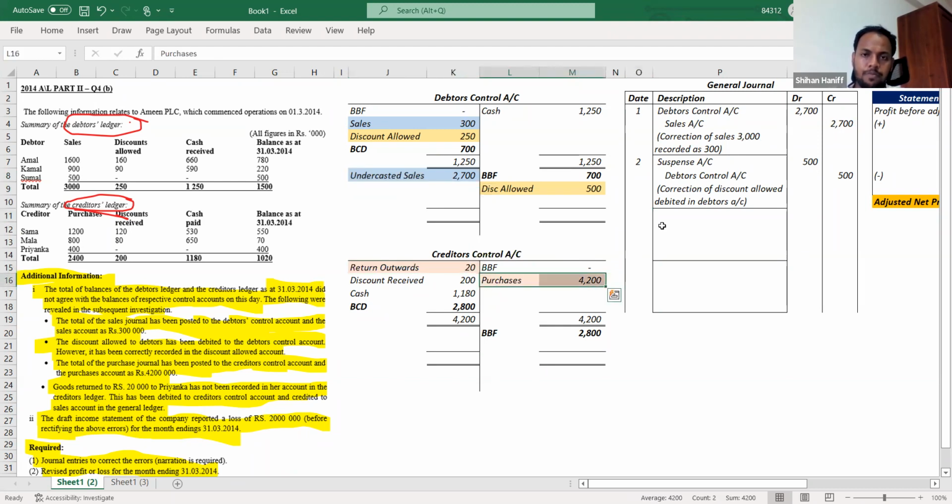purchases. The total of purchase journal has been posted to the creditors control account and the purchase account as 4,200. Actually, the purchases amount is 2,400, not 4,200. So we have to deduct.